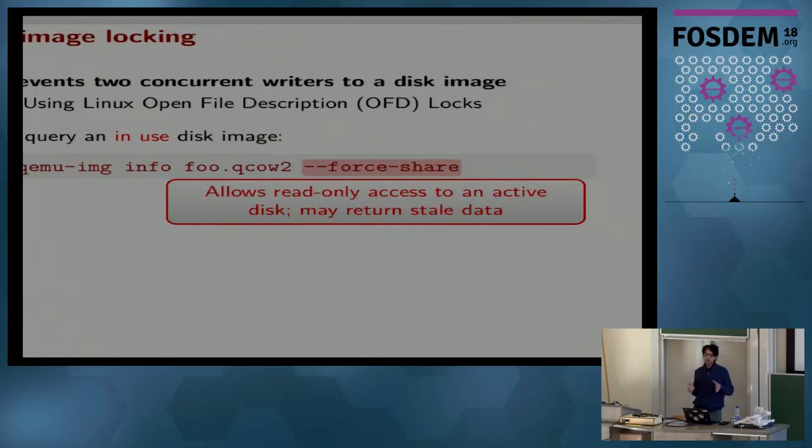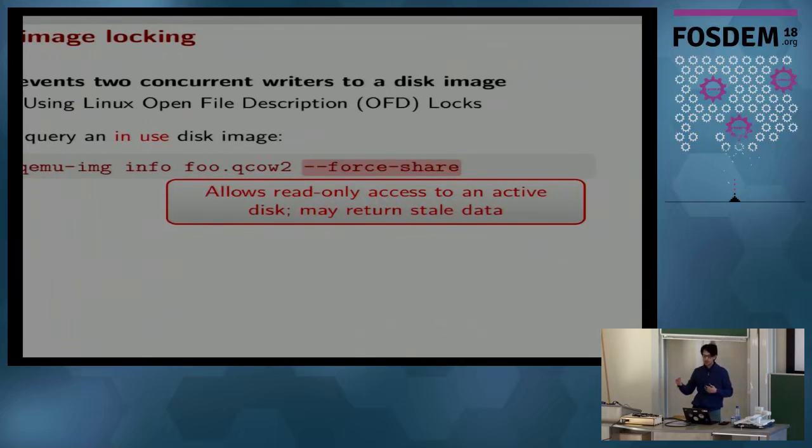Now, there are some cases where you can get stale information when doing read-only access of that image. For example, if QEMU is actively resizing the disk image and you try to query for information, you see inconsistent results.